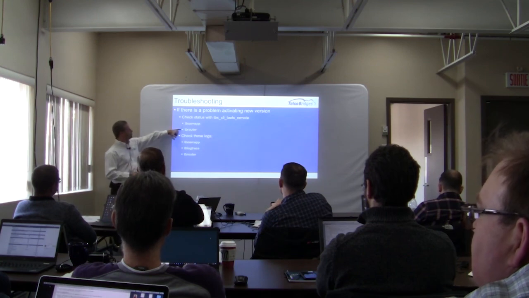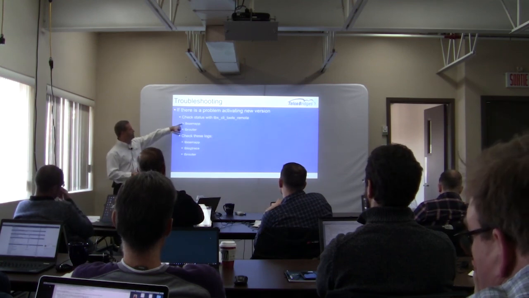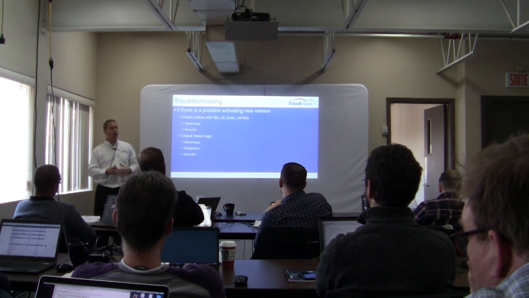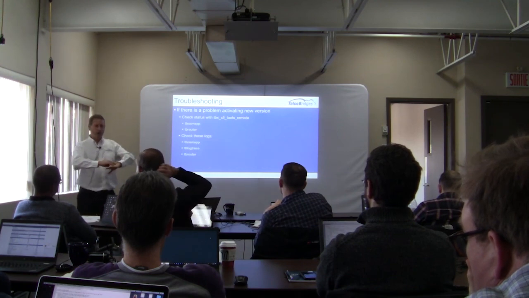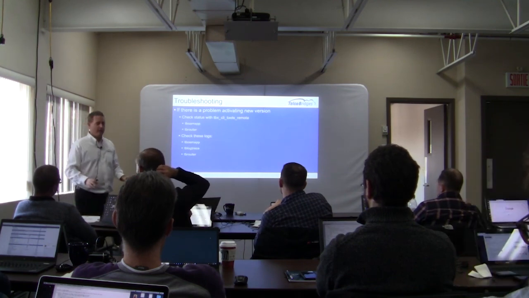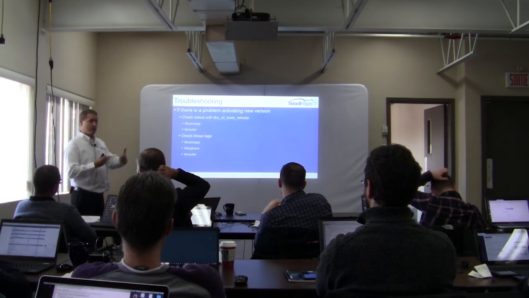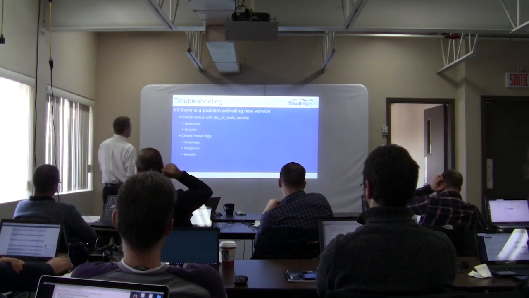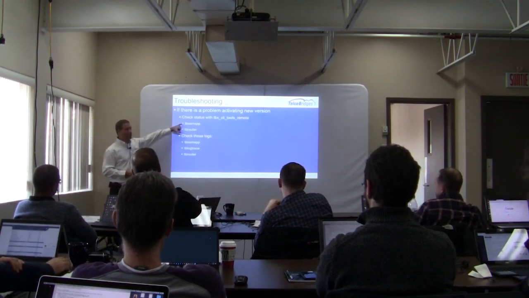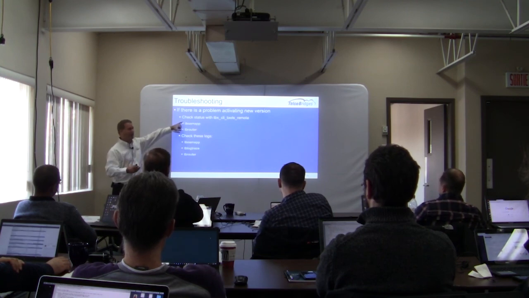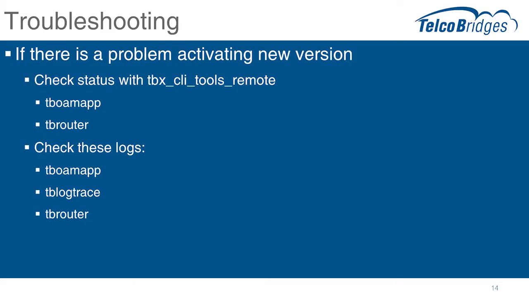The two that we should look at when we're activating a new version is TBOM app. That's the main application, which makes sure all the applications are the same version and restarts the application if they are not at the right version. Or also it monitors them. If one of them fails, it's going to restart it right away. And maybe TB Router, because TB Router has access to the network interfaces.